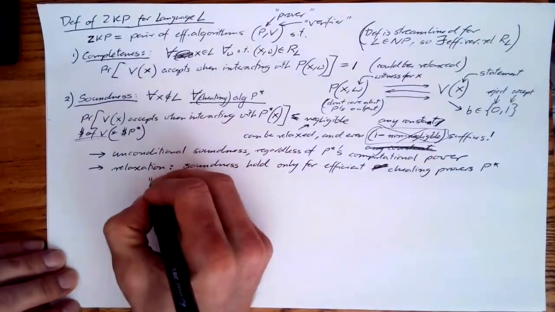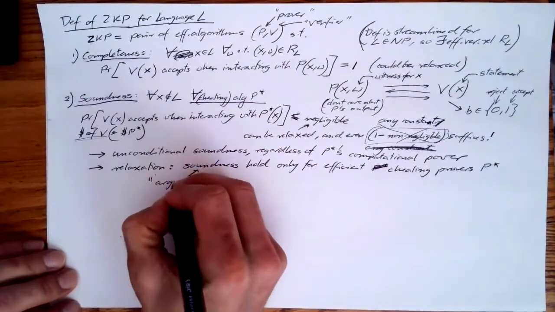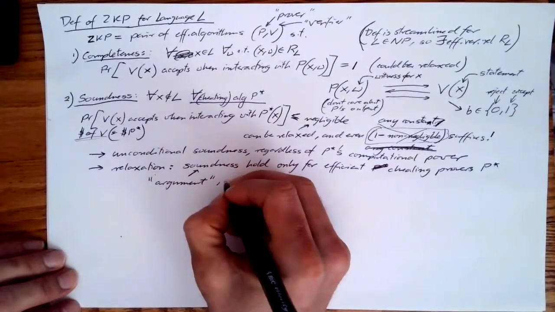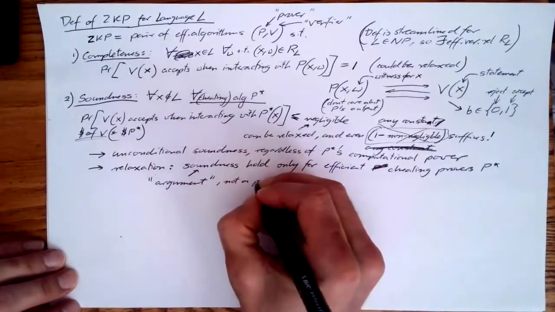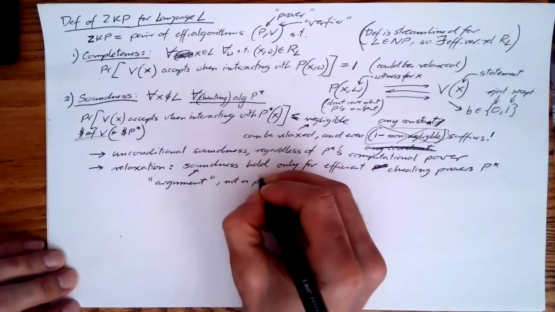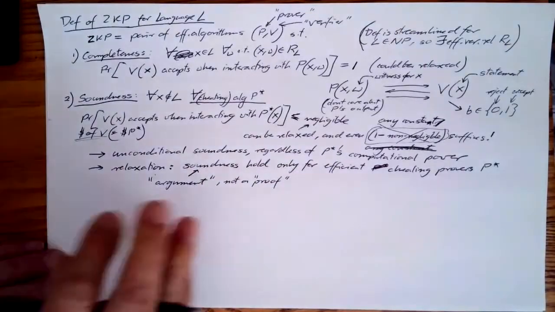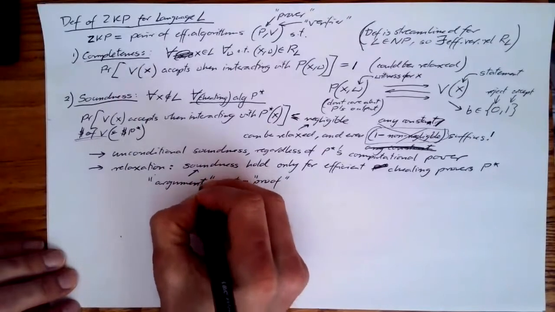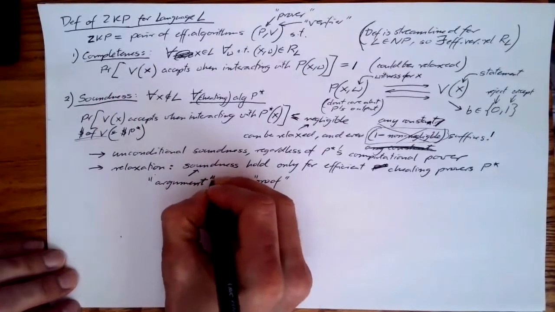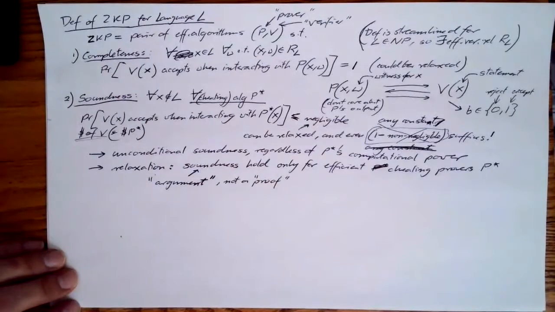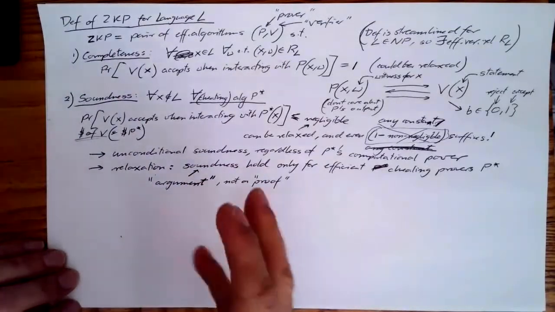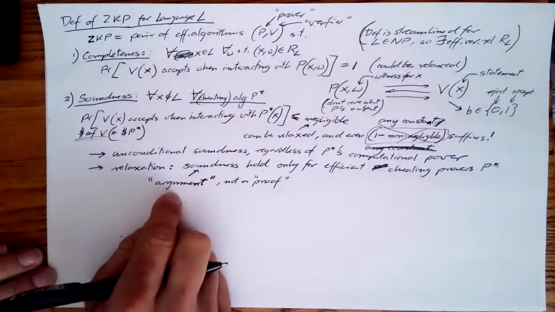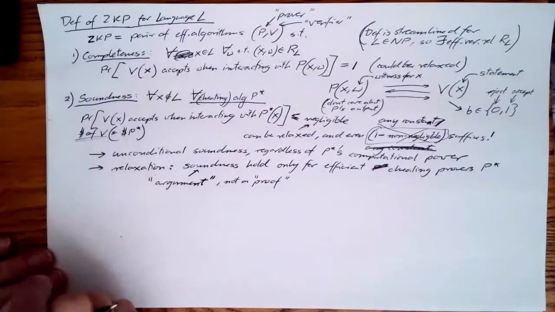This is called an argument, not a proof. So this would be called a zero knowledge argument rather than a zero knowledge proof. It is just terminology. In popular parlance, people just say zero knowledge proof, even if it's actually technically only a zero knowledge argument.